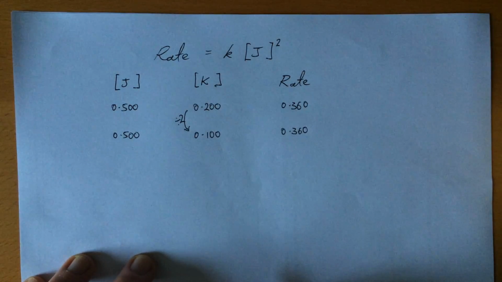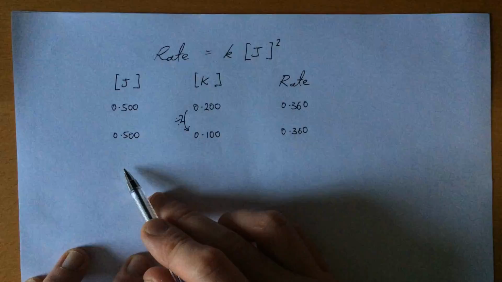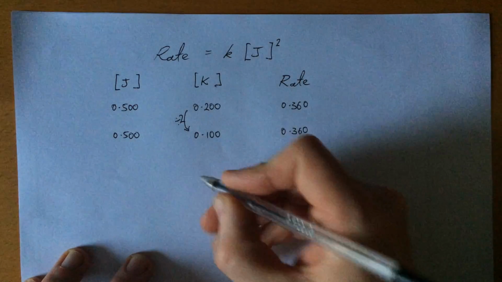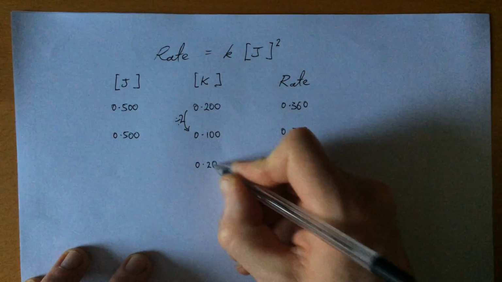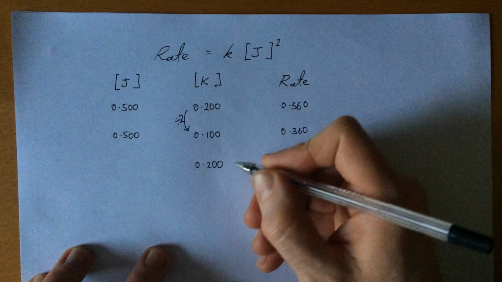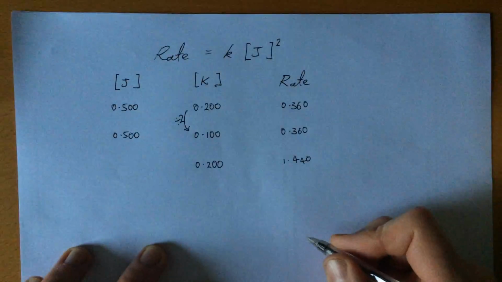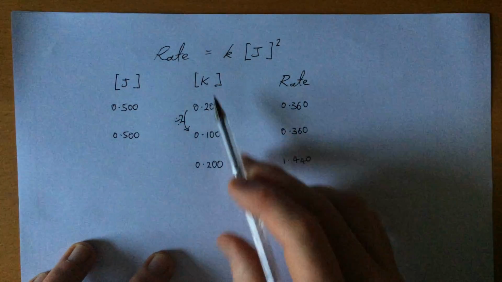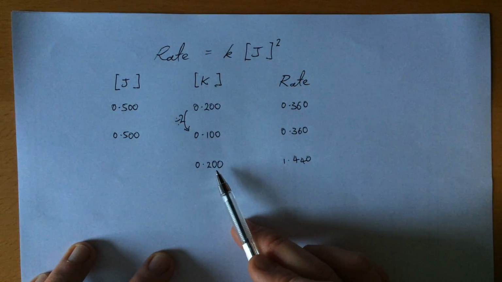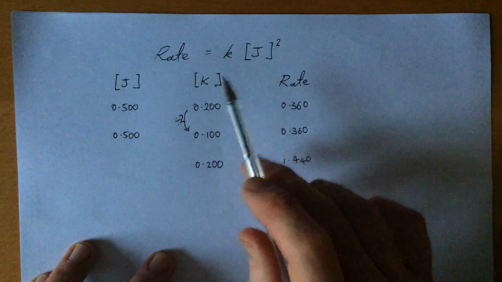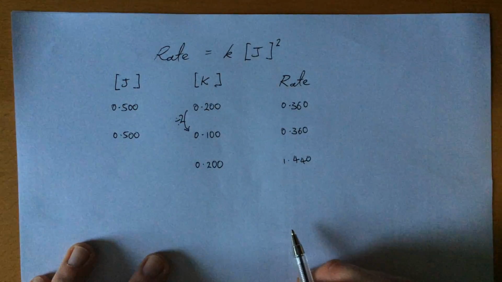Okay, so next example. Again, we're trying to find the concentration of J. We're told the concentration of K is 0.2 and the rate is 1.440. So the concentration of K hasn't changed, but that doesn't make a difference because it's not in the rate equation and it won't affect the rate.